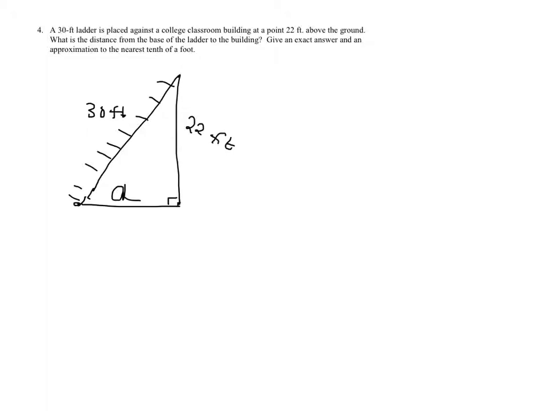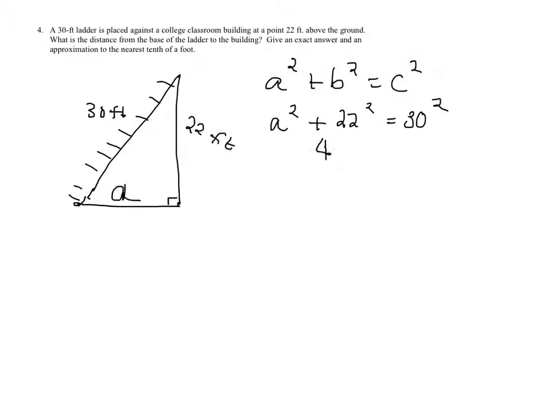So, wow, we're going to use the Pythagorean theorem. It's just shocking. So we get A squared plus B squared is equal to C squared. So we get A squared plus 22 squared is equal to 30 squared. 22 squared is 484. 30 squared is 900.